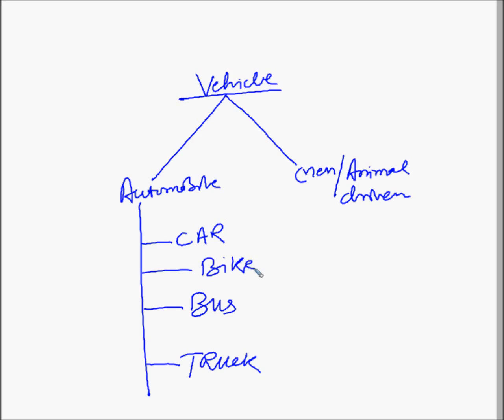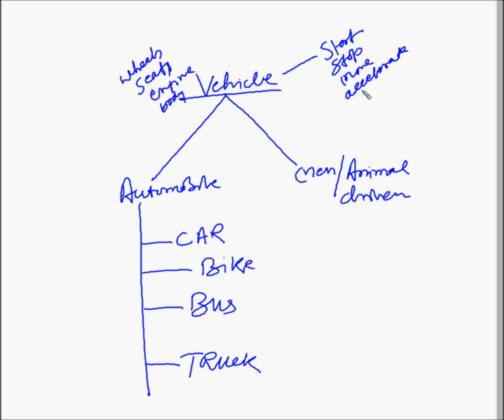So we can say vehicle is a class here. Every vehicle is having some properties. What property? Like, say, wheels, engine, body. What is the behavior? Start, stop, move, accelerate, horn. These are the behavior.